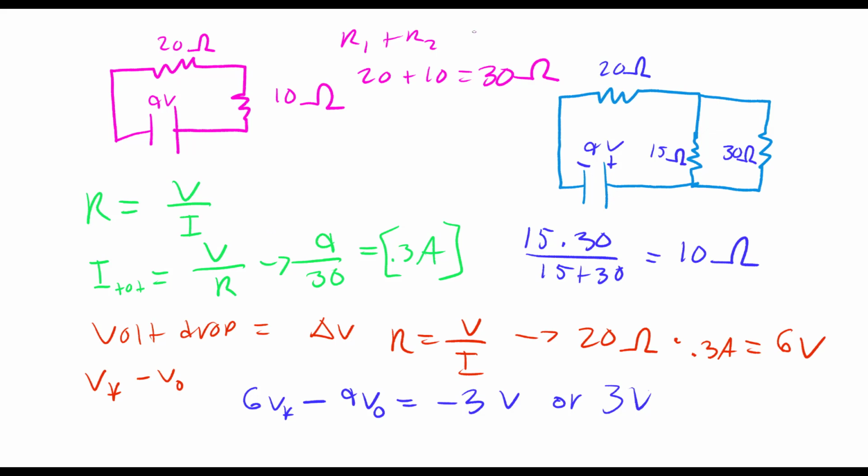That amp is constant throughout the whole circuit. To calculate voltage drop, it's just the difference between your final voltage and your initial voltage. In this case, our final voltage was 6 volts for the 20 ohm resistor, and the initial was 9 volts. So you end up losing 3 volts, and your answer would be 3.